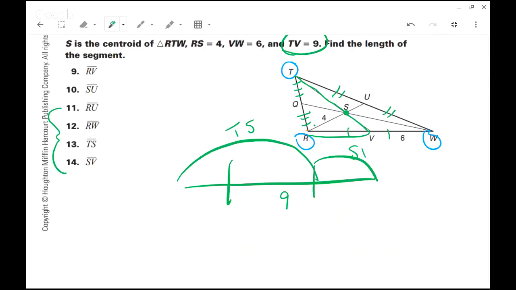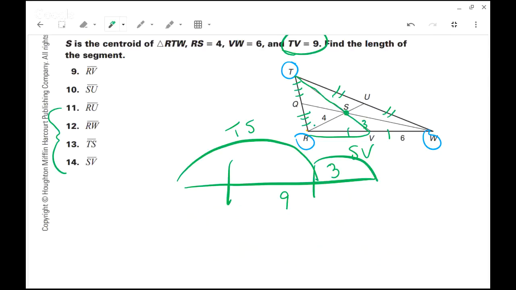This part is SV. So if we know that the whole length equals 9, but we need to divide it into 3 parts, okay? 9 divided by 3 is 3. So we know SV is 3.